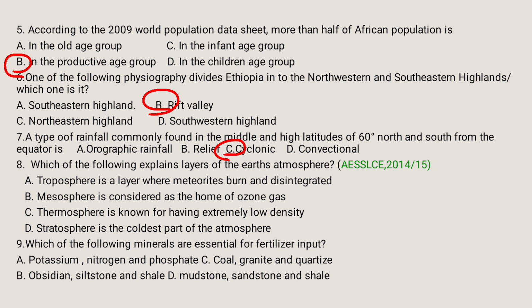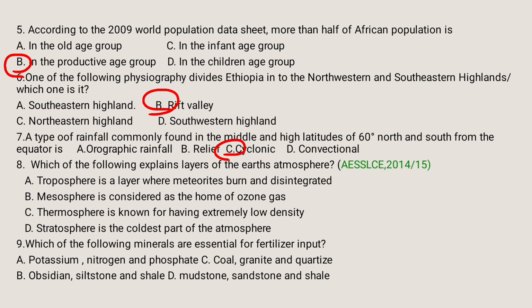Question number 8. Which of the following explains the layers of the Earth's atmosphere in the correct manner? A, Troposphere is a layer where meteorites burn and disintegrate. B, Mesosphere is known as the home of ozone gas.